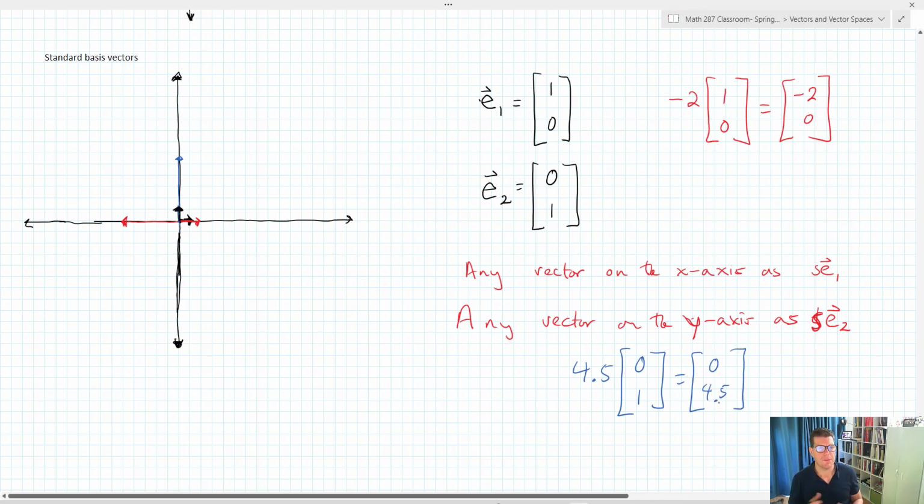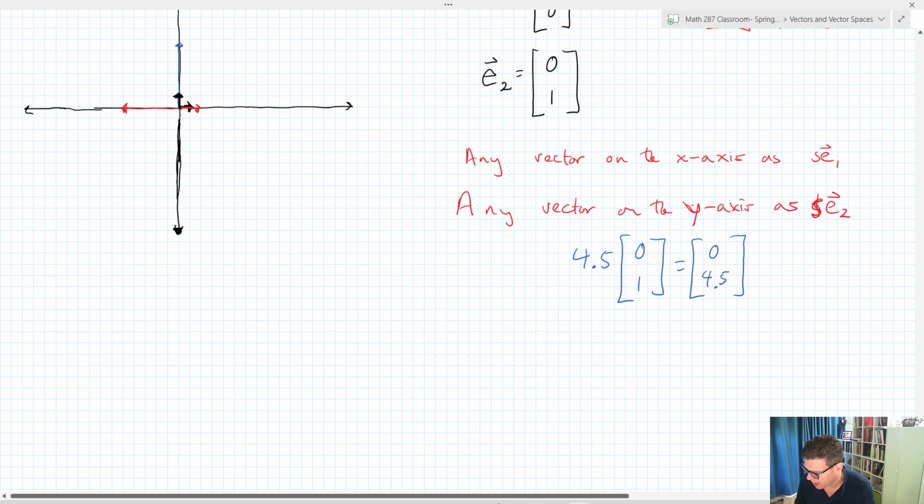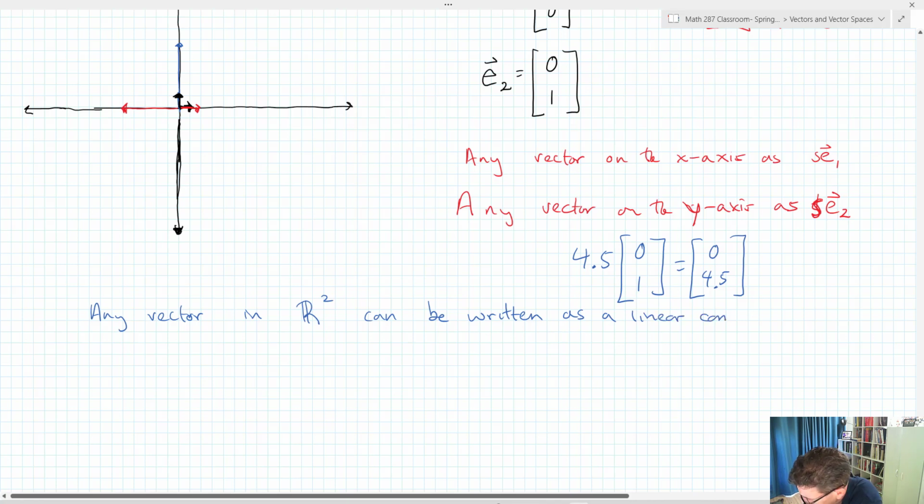And so those are the standard basis vectors. The great thing about standard basis vectors is that we can easily write any vector as a linear combination of them. So any vector in, say for example, R2 can be written as a linear combination of E1 and E2.